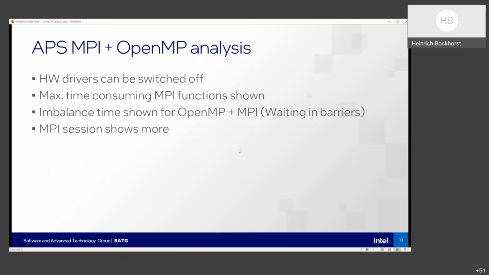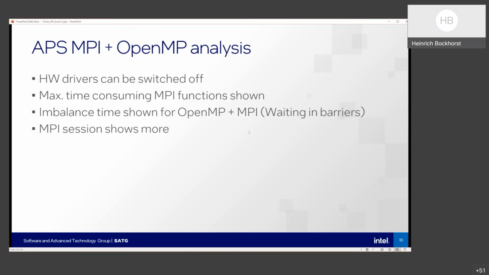So APS runs with MPI and OpenMP analysis. The hardware counters can be switched off to avoid overhead, and it shows you the most time-consuming MPI functions. And as I said before, Dimitri will show you more about this later.